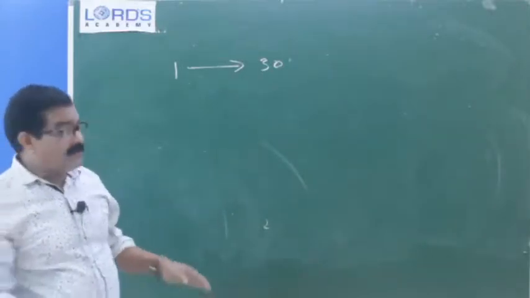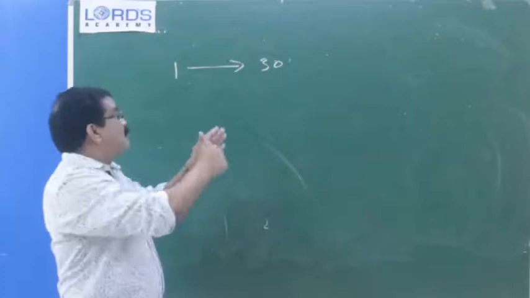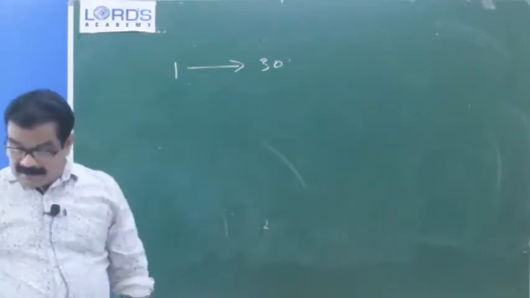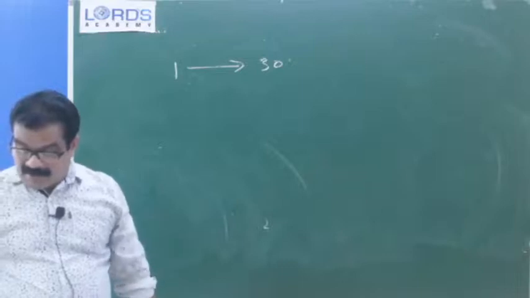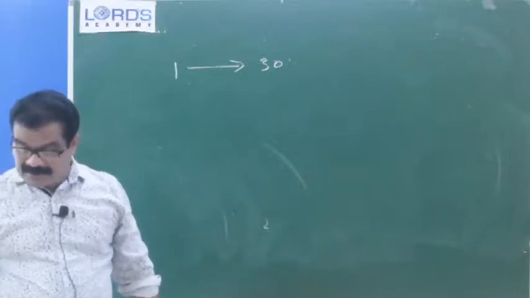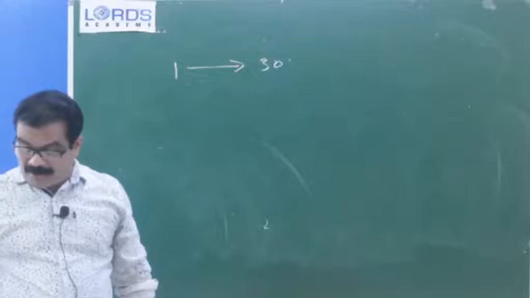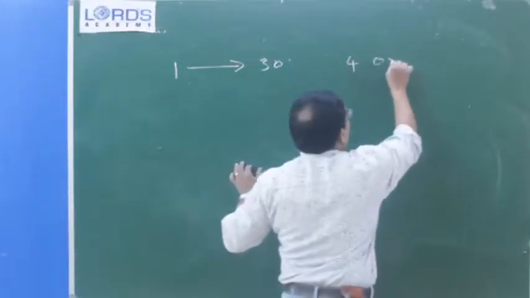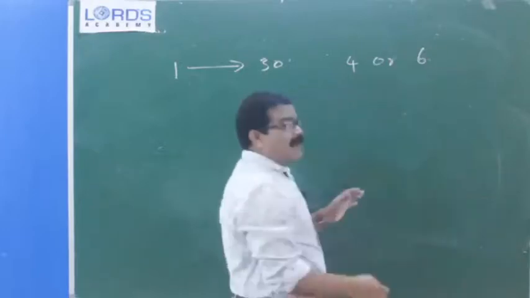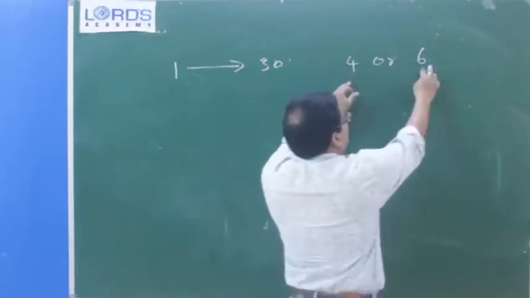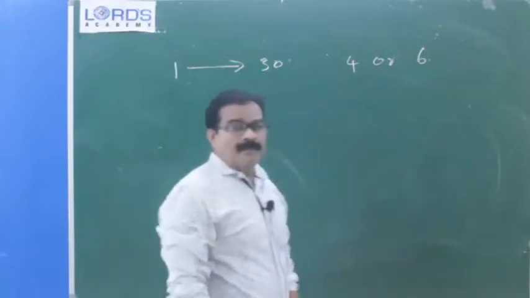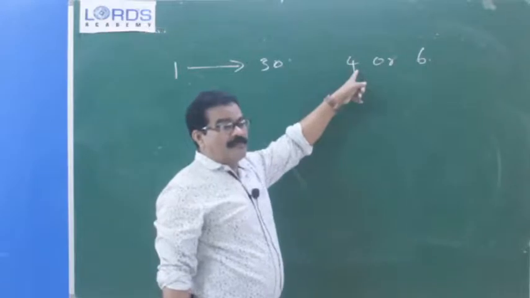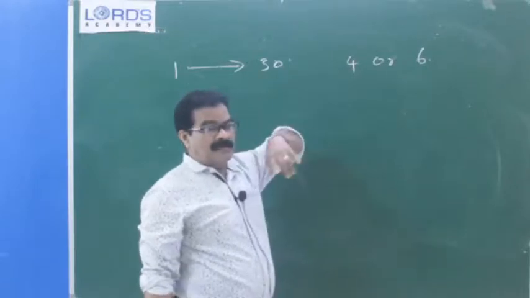Each card is numbered 1, 2, 3, 4 up to 30. One card is drawn at random. Find the probability that it is a multiple of 4 or 6. Multiple of 4 or 6 means you have to consider these two together. How can you find the number of multiples of 4 here?